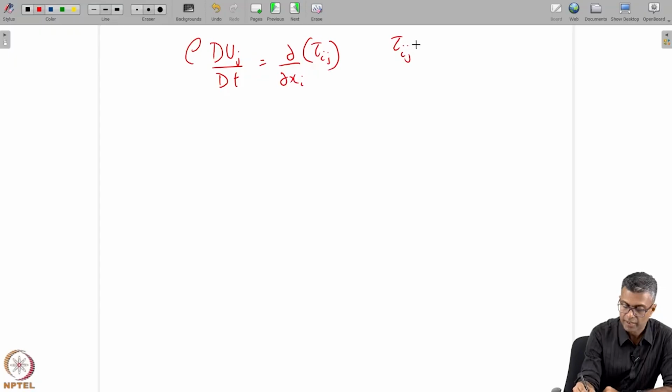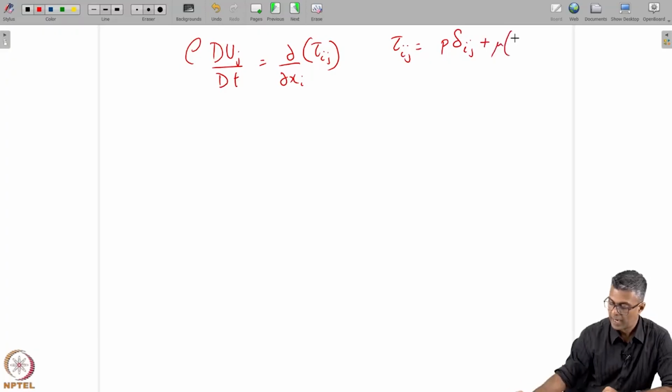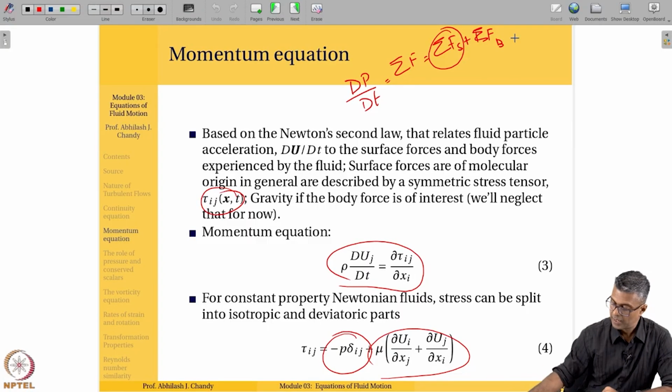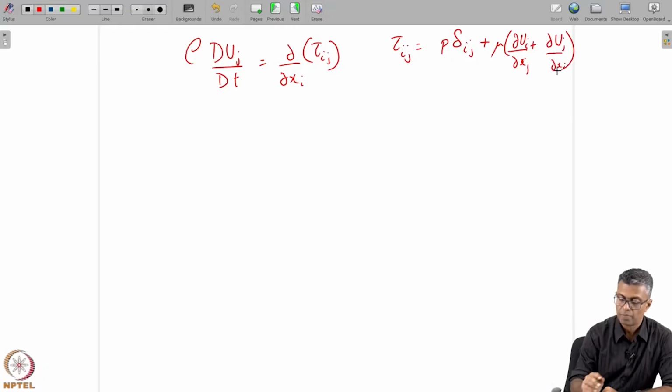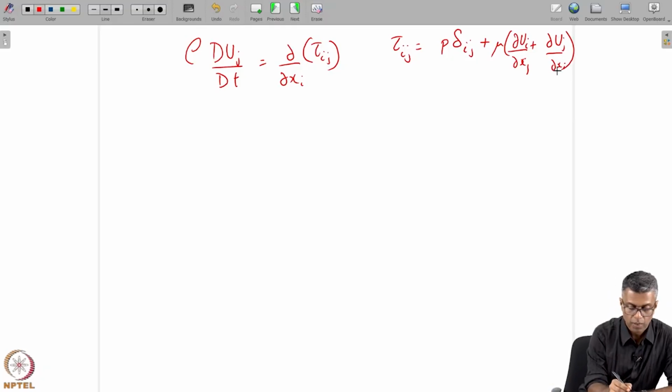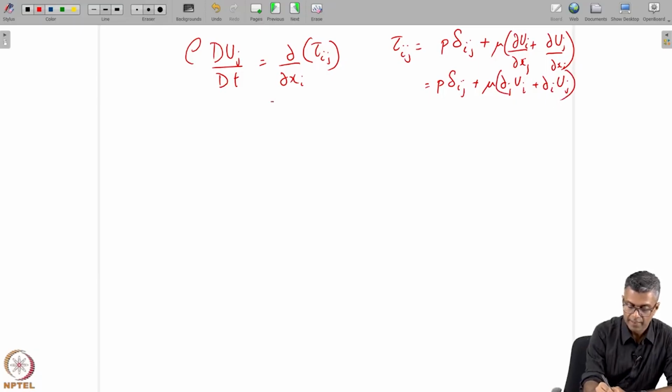Now your tau_ij is p delta_ij, as in Kronecker delta, plus mu times del u_i del x_j plus del u_j del x_i. In order to make the notation a little bit simpler, I'll write this as p delta_ij plus mu del_j u_i, another way of writing it, del_i u_j. Okay, so like this, and then this is del_i tau_ij.